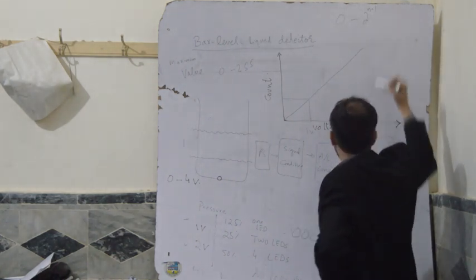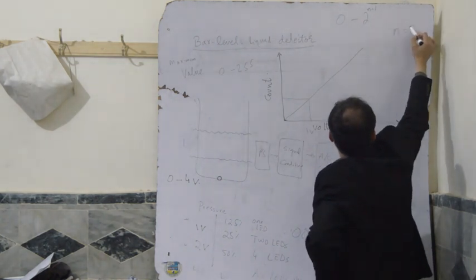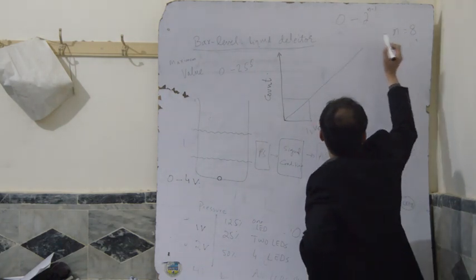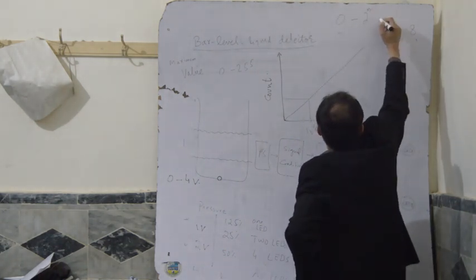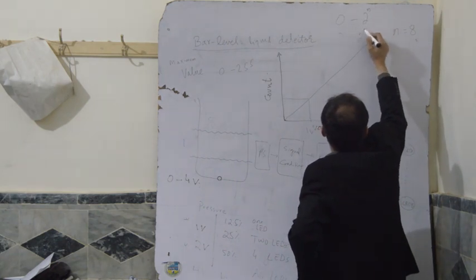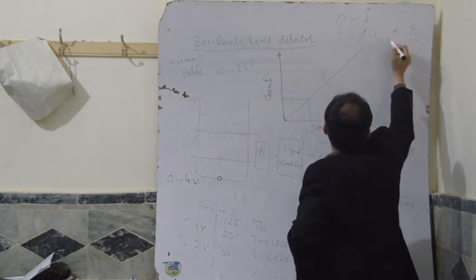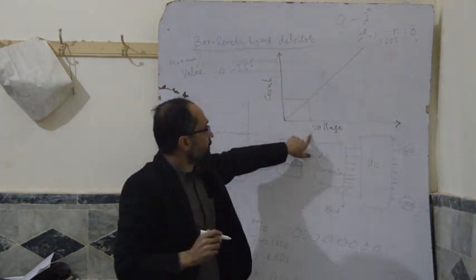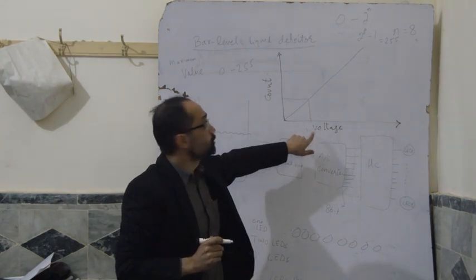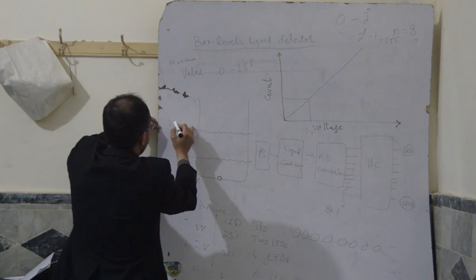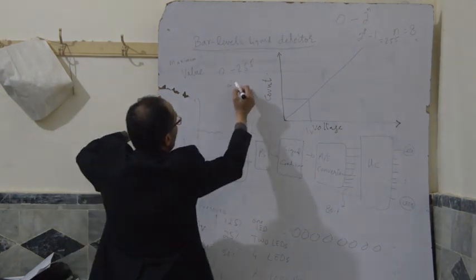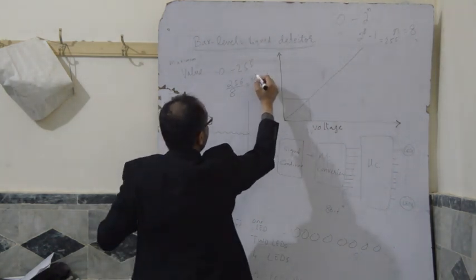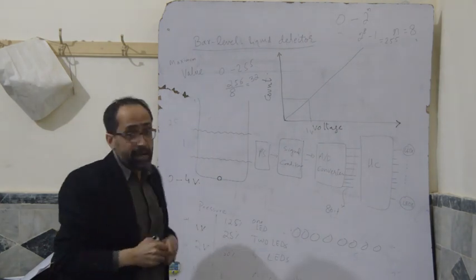In this particular example, n is 8 because we are using 8-bit data, so it will range from 0 to 2 to the power 8 minus 1, which is equal to 255. So we can divide this 256 into 8 intervals, and each interval represents a step of 32.